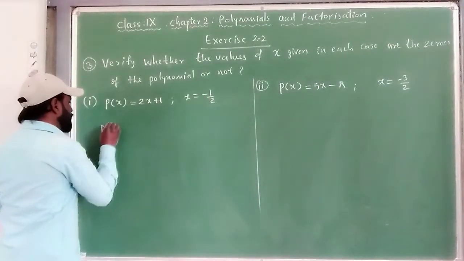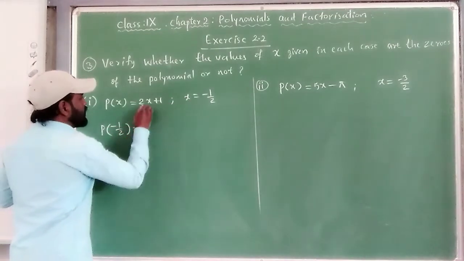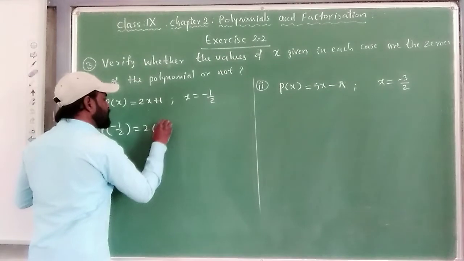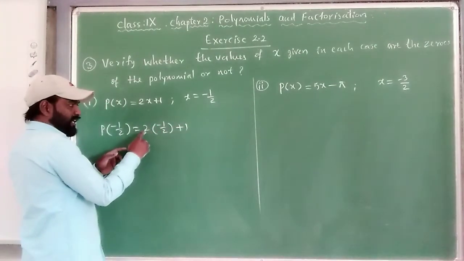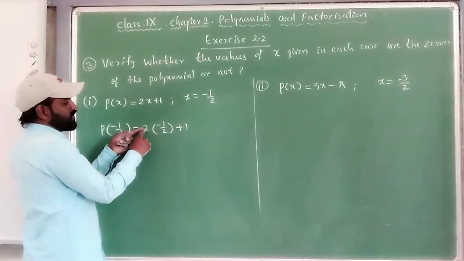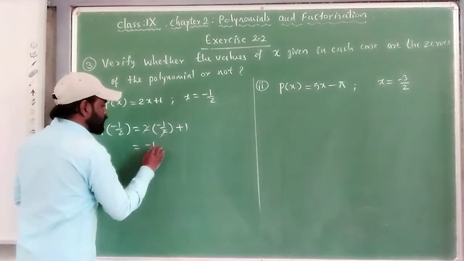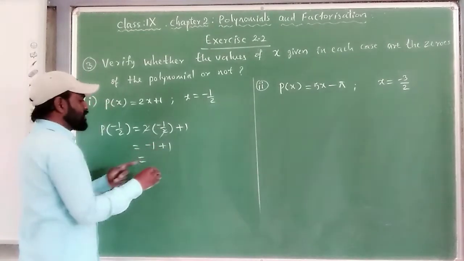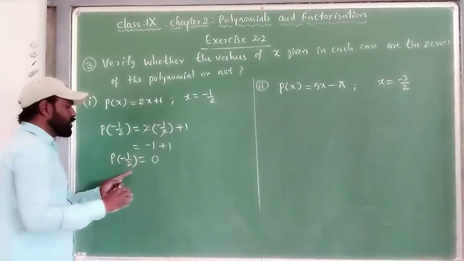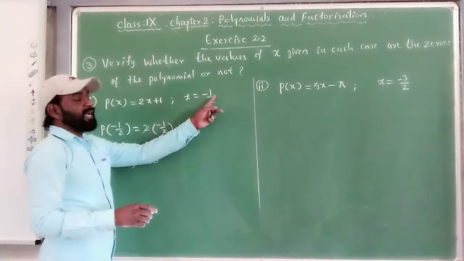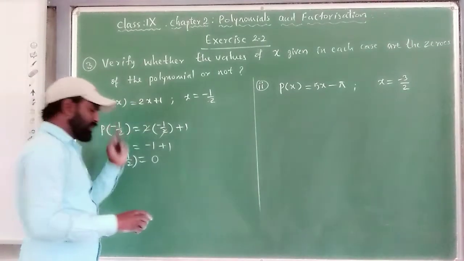Let's take x is equal to minus 1 by 2. That means P of minus 1 by 2. Just substitute. Here 2 as it is, in place of x minus 1 by 2, plus 1. See here, when you are multiplying a fraction, the 2 and the denominator both get cancelled. So what remains? Minus 1 plus 1. Minus 1 plus 1 is equal to 0. That means P of minus 1 by 2 is equal to 0. That means minus 1 by 2 is a zero of the polynomial P of x is equal to 2x plus 1.